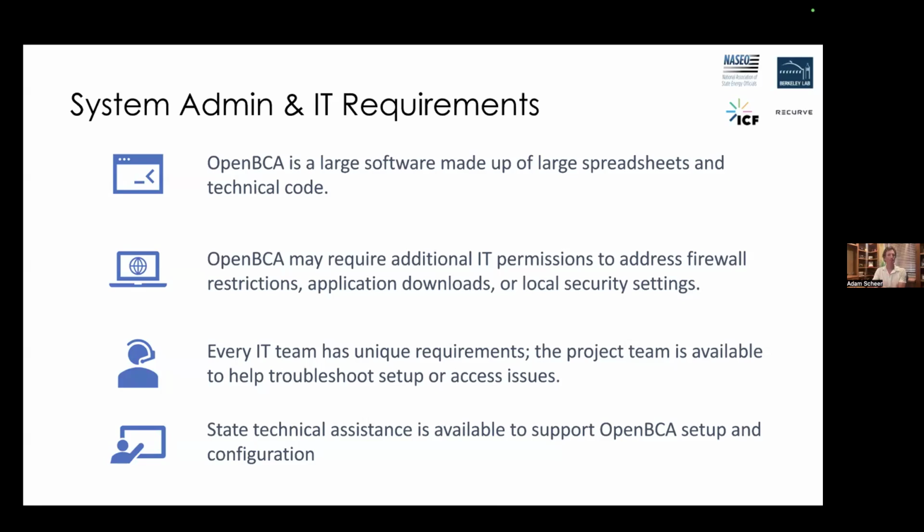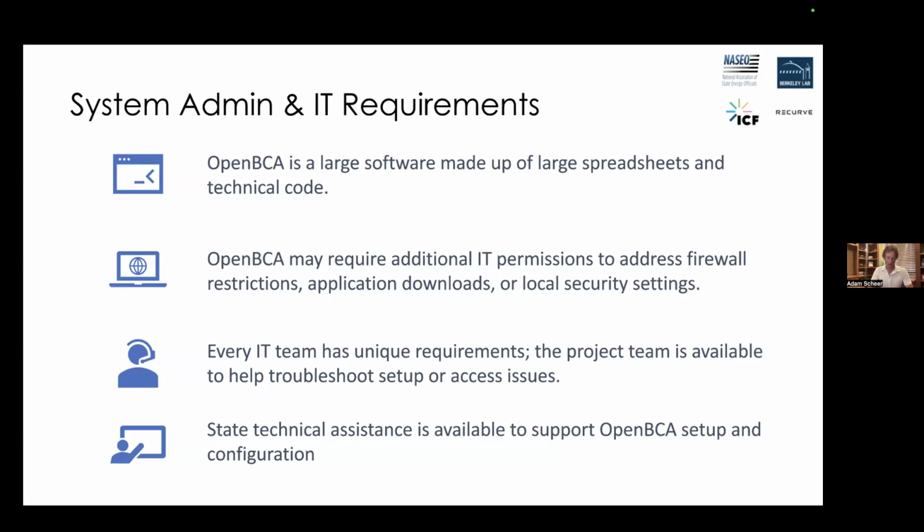So as a software package, the OpenBCA will likely require IT review if you're at a utility or if you're at a commission in particular. This is software that your computer will not recognize immediately. So all of the packages that we've used to put together the OpenBCA themselves are commonly used open source packages and are used in a wide range of applications across many pieces of software.